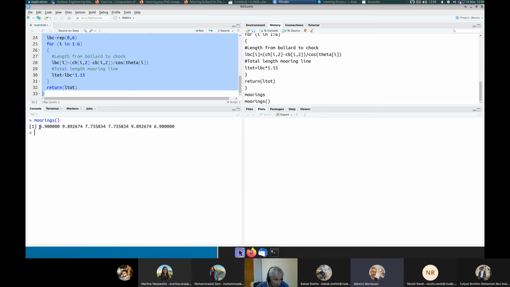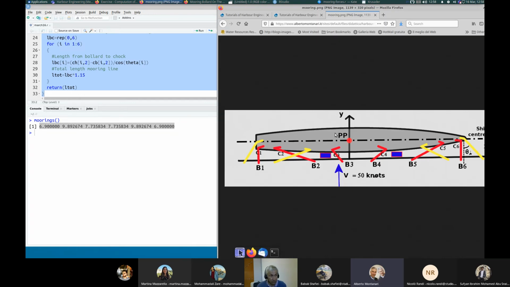So what I did here was a perceptual assessment of the correctness of the result. And the perceptual assessment was based on a comparison with this figure here. This is precisely what you have to do once in a while. Check if the program runs well by comparing what you get with your expectation.